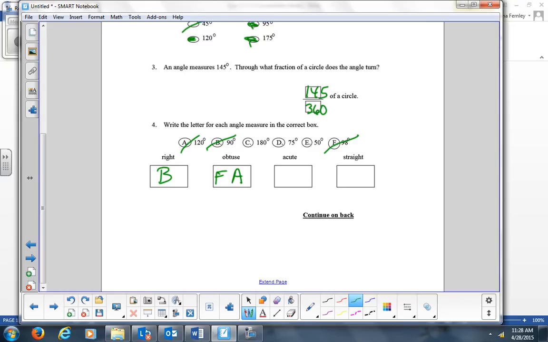Mondragon, how about acute? Acute is 75. Good. What's another acute? Oh, Trinity. 50. And that leaves me with 180. Now, some of you think that that is obtuse. It is greater than 90.